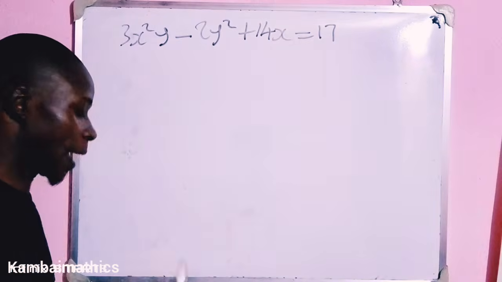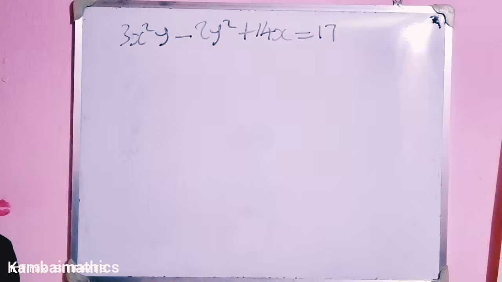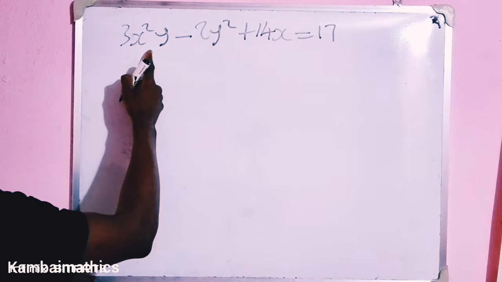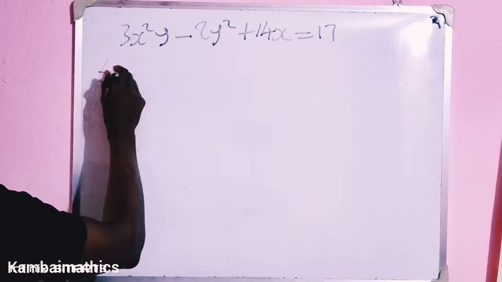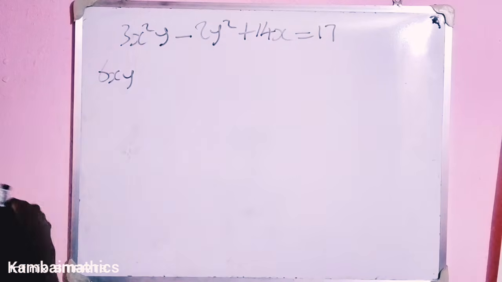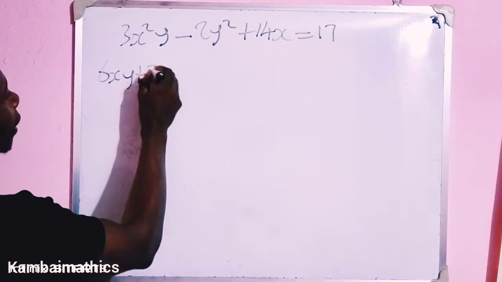Like I said, this is a function of a function, and as a result of that, we'll solve it implicitly. This one is a product. First of all, differentiate this, which will give us 6xy, because we differentiate x now. While differentiating, we'll have plus. We are now leaving 3x and differentiate y.